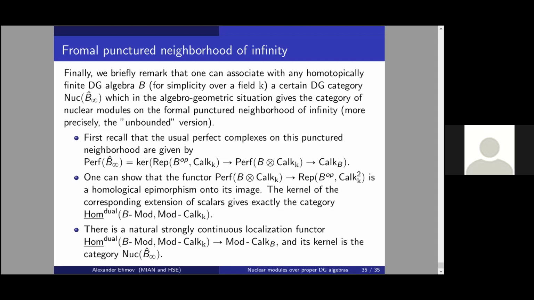You take this inverse system of quasi-coherent sheaves on the infinitesimal neighborhoods, so you have pullbacks, and then you take the limit of this, but in the world of dualizable categories and strongly continuous functors. When you express explicitly how to define this limit so that it satisfies the universal property, I guess you get the same category.